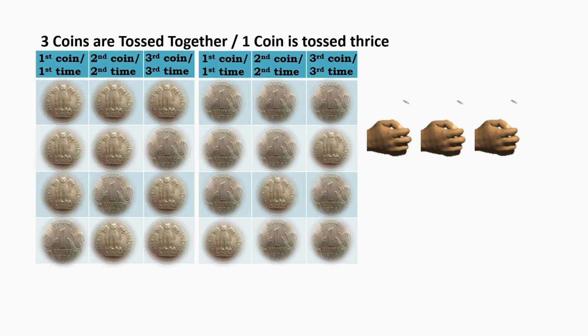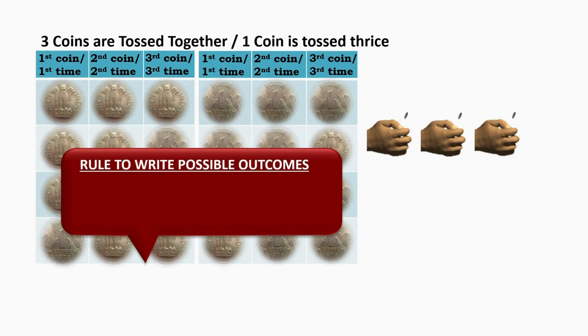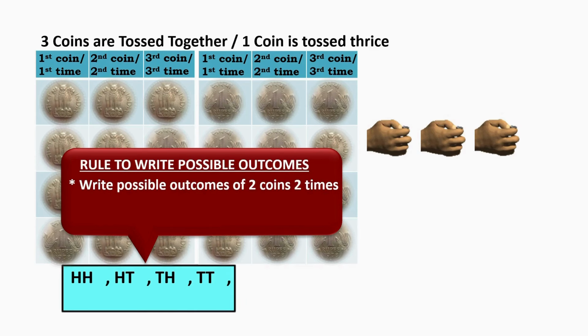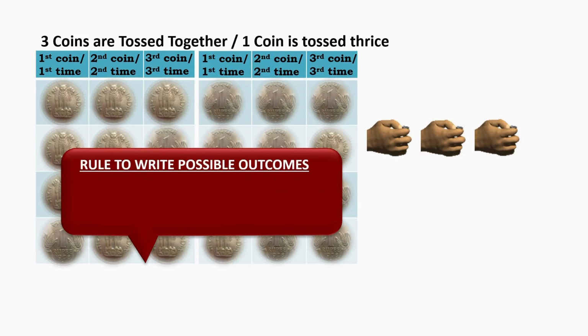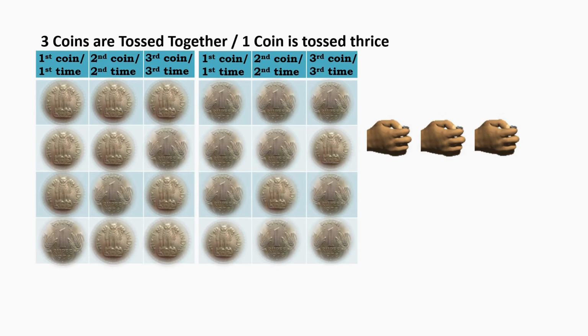So what are all the possible combinations we got? Now let us write the rule of getting all possible outcomes. So write the possible outcomes of 2 coins, 2 times. That is what we got earlier. That is head head, head tail, tail head, and tail tail. Let me revisit the table once again. In the first column of the table, you can clearly see that in the first row, all three are head, right?